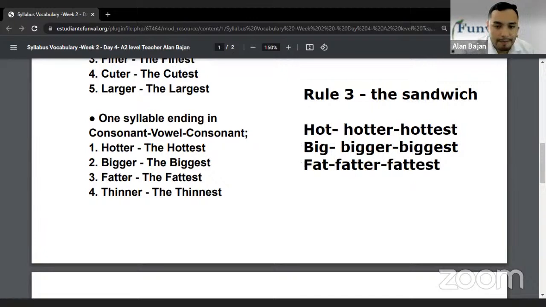And again, my adjective is of one syllable. Is that clear?